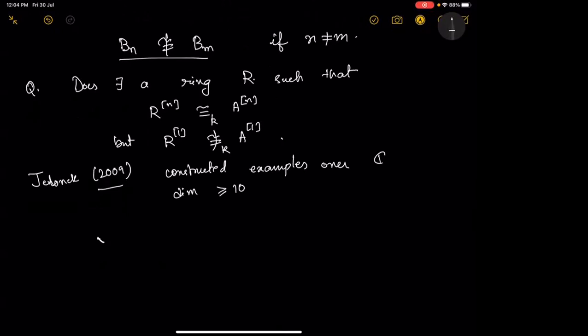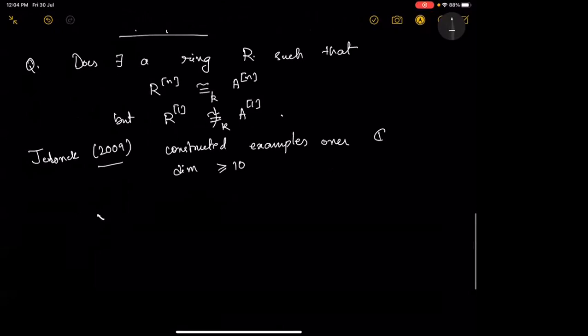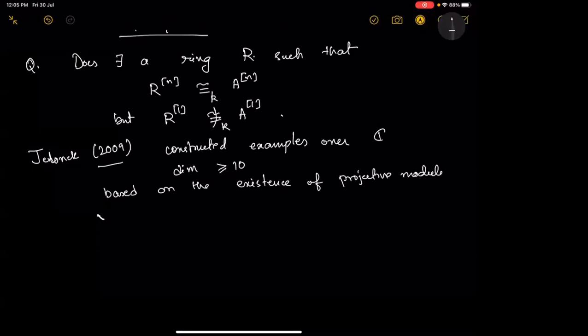And his example was again similar to Hochster's example, based on the existence of projective modules which are stably free but not one stably free.